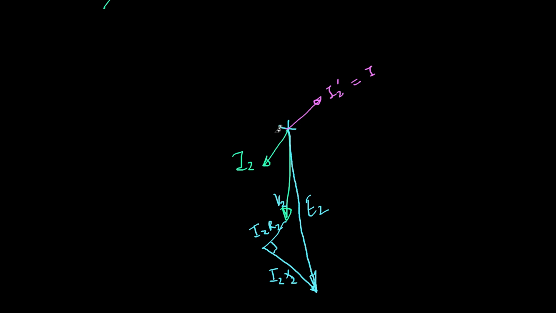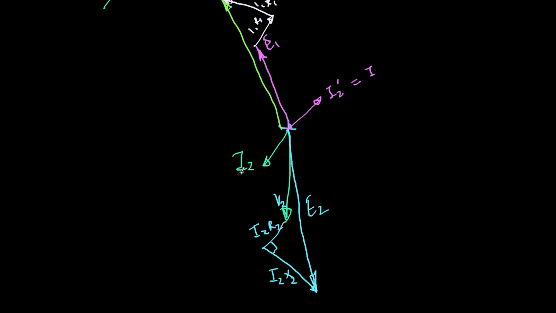And similarly, exactly opposite to E2, I'll get E1. So now to this E1, if I add the drops, this is I1 R1 and this is I1 X1, then finally I'll get the voltage V.